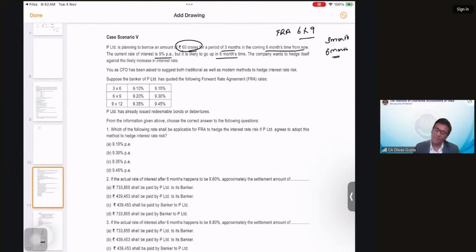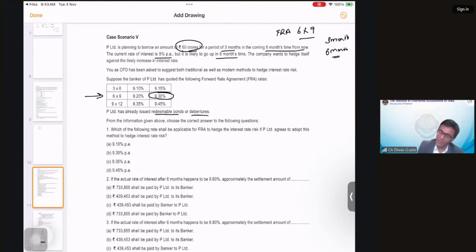Suppose the banker of P Limited has quoted the following forward rate agreement rates: 3 by 6, 6 by 9, 9 by 12. So, which one is relevant to us? 6 by 9. And this is the rate that is going to be applicable, which is 9.3%. P Limited has already issued redeemable bonds or debentures.